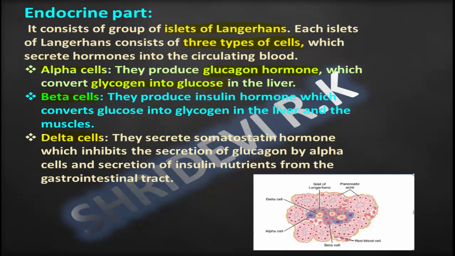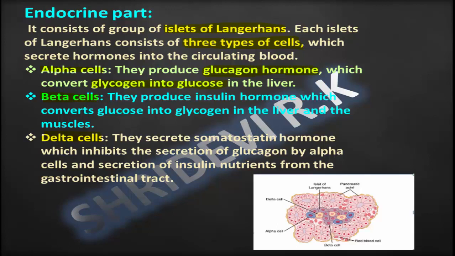Then the question is, what is this glycogen? Excess blood sugar is converted into glycogen, and glycogen is stored in the liver. Glycogen is the stored food material in the animal cell, including the human, and it is stored inside the liver.